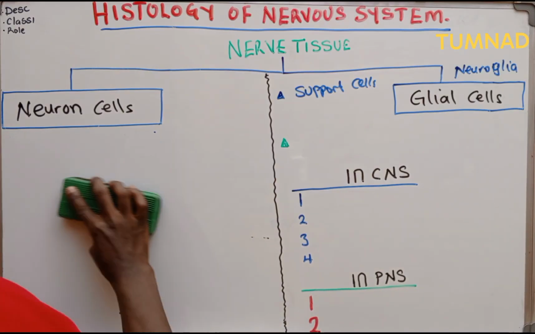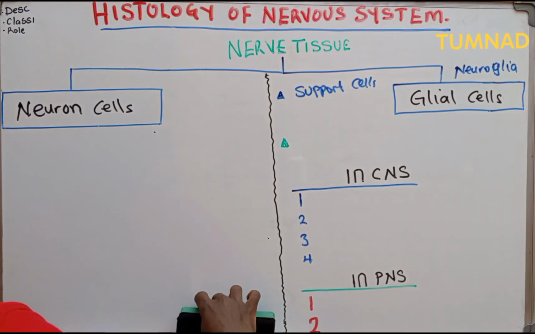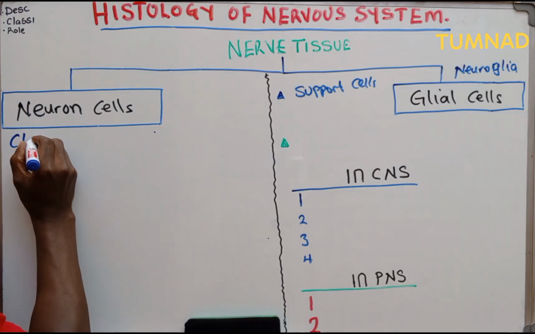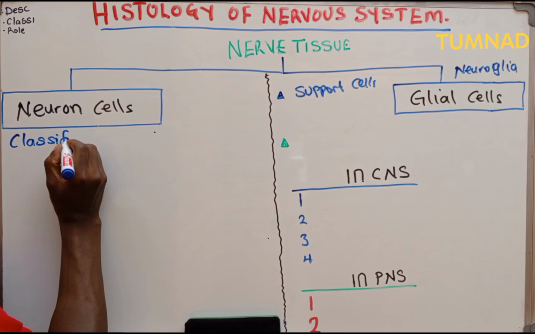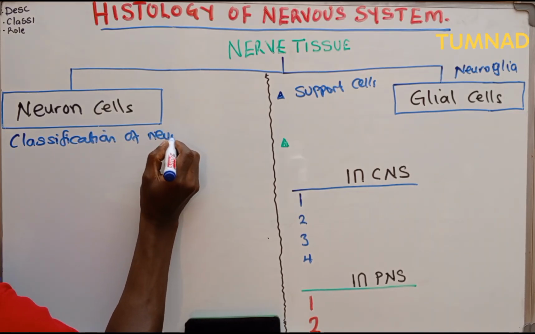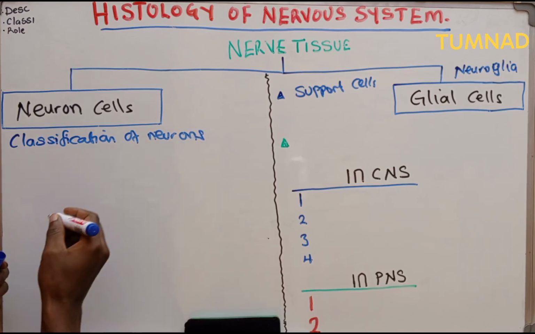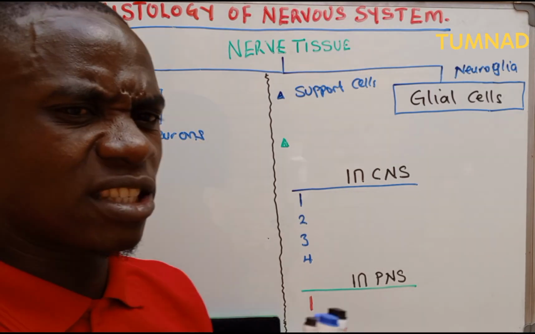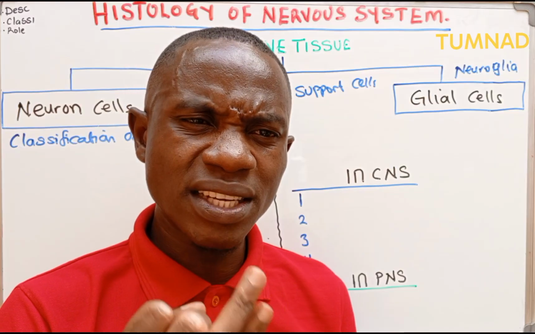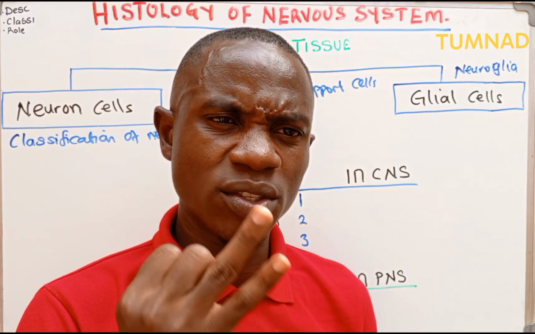So let's briefly look at the classification of neurons. There are very many classifications of neurons, but we are going to focus mainly on two.